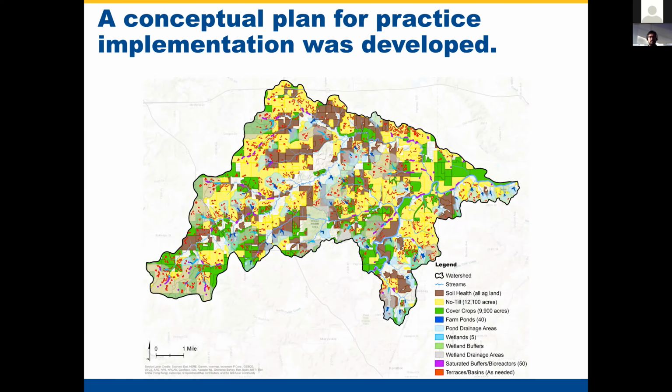And this is what these practices look like on the map. So going from adding the additional structural practices, the terraces, the sediment basins, and then also the cropland having both no-till and cover crop implemented, as well as the location of larger wetlands that are servicing larger drainage areas upstream from them.